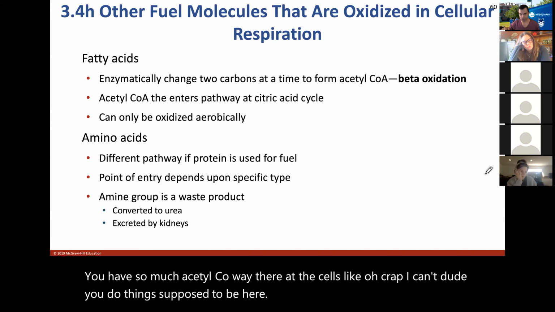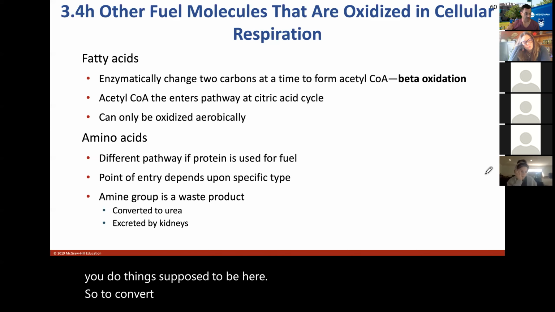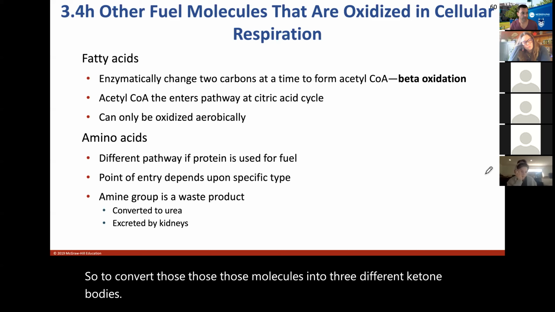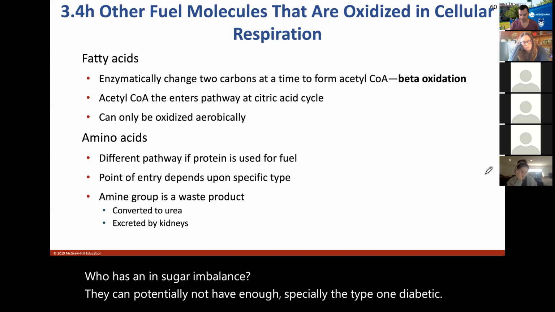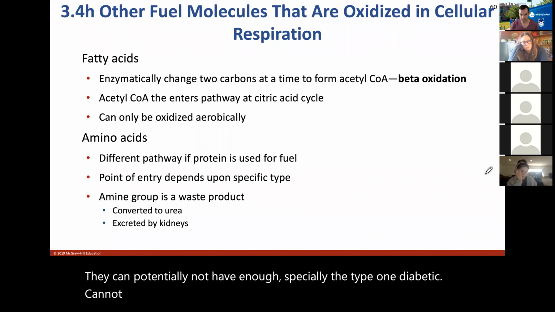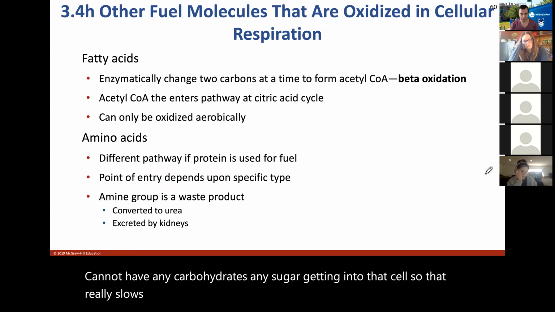So it'll convert those molecules into 3 different ketone bodies. For somebody who's diabetic, who has a sugar imbalance, especially a type 1 diabetic, they can potentially not have any carbohydrates, any sugar getting into that cell. So that really slows down the Krebs cycle.